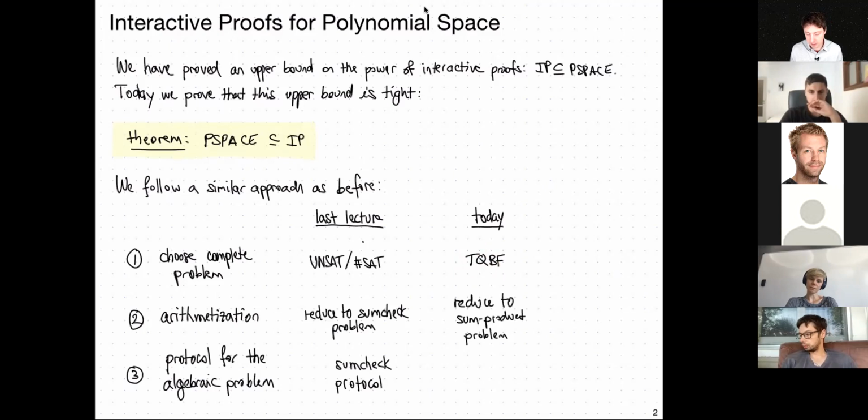So we're going to arithmetize this problem, and rather than a sum-check problem, we'll get what we can call a sum-product problem. Then we will see something called Shamir's protocol, which is the analog of the sum-check protocol, except that it is designed to tackle these sum-product problems. Together, all the steps are going to give us an interactive proof for TQBF and therefore all of PSPACE. All right, so that is the plan for today.